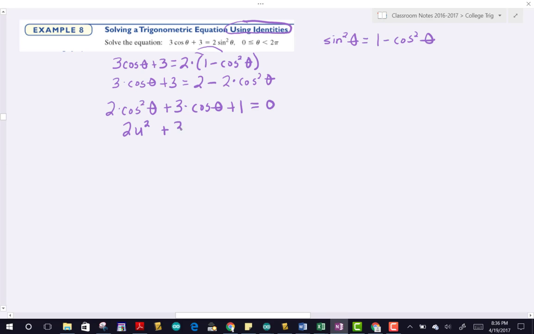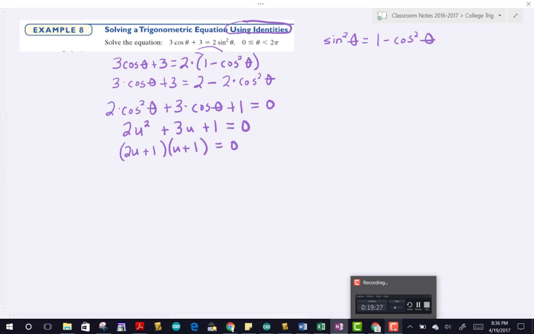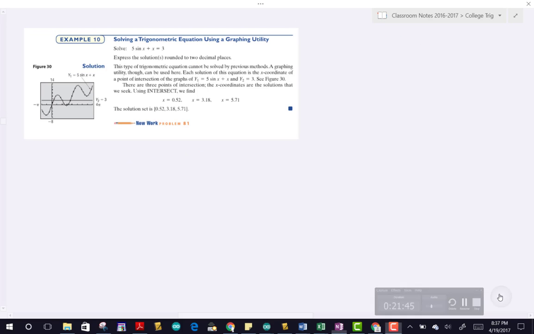That would be 2u squared plus 3u plus 1 equals 0. This is almost exactly the same factors as before. I think this is 2u plus 1 and u plus 1 equals 0. And I'm going to let you solve it from there because it's just like the one that we did above.